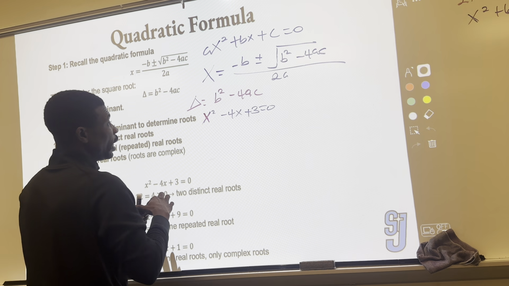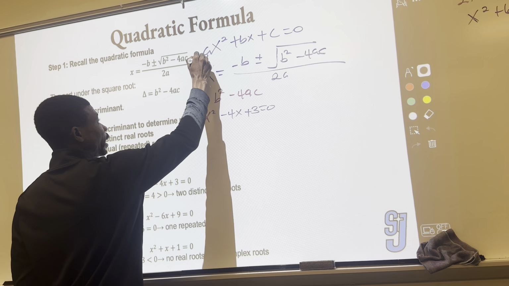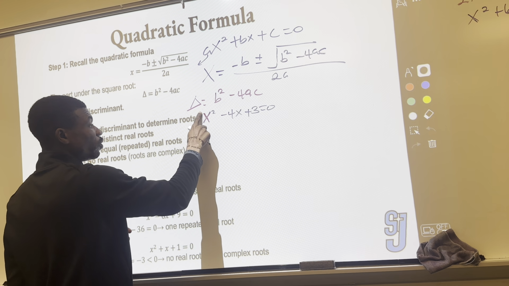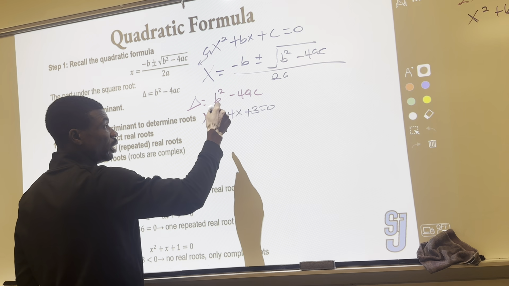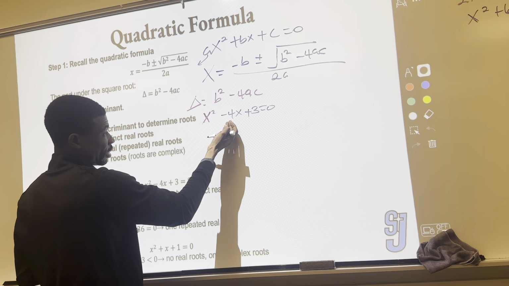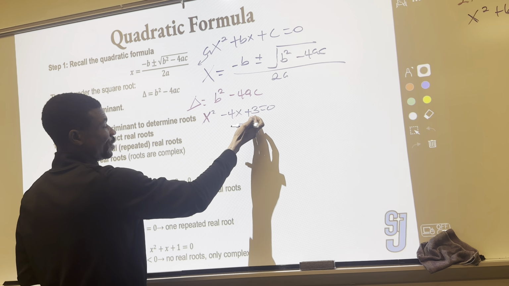Now I know that the coefficient of x squared is always a, and in this case, the coefficient of x squared is 1. The coefficient of x is always b, and in this case it's -4, and then c is 3.